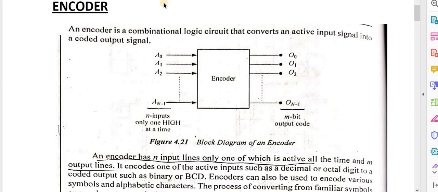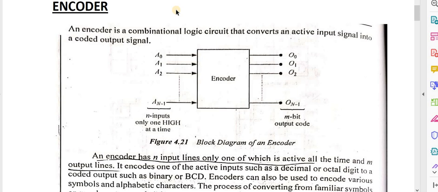So what is an encoder? This encoder is also a combinational circuit that converts binary information in the form of 2 to the power n input lines into n output lines.